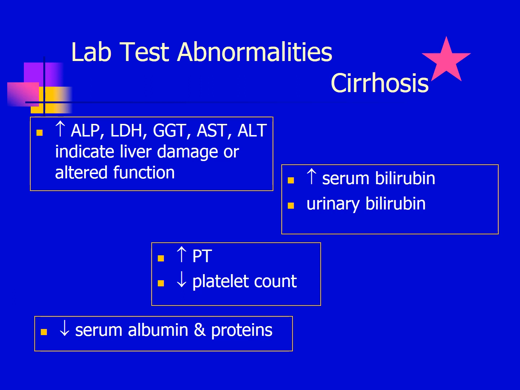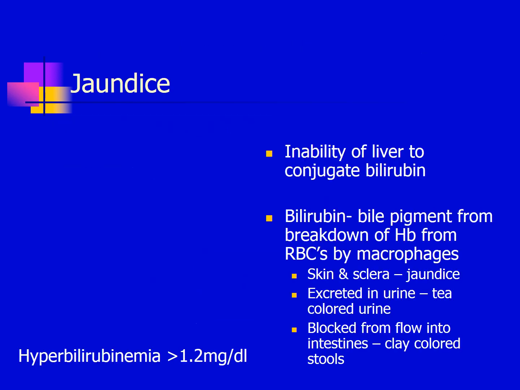The PT goes up and the platelet count goes down. PT is the length of time it takes for a blood clot to form, and since the liver is not working well, it's going to take longer. Platelet count goes down, putting them at risk for bleeding. The serum albumin protein level goes down. Same things, right? Next slide.